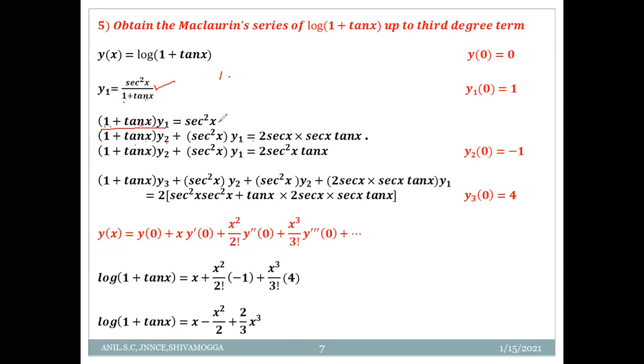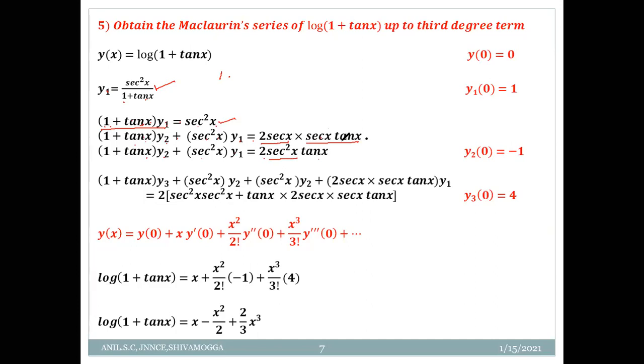This is equal to the derivative of secant square x, which is 2 secant x. The derivative of secant x is secant x into tan x. Therefore, 1 plus tan x into y2 plus secant square x into y1 is equal to 2 secant x into secant x, which is secant square x into tan x.